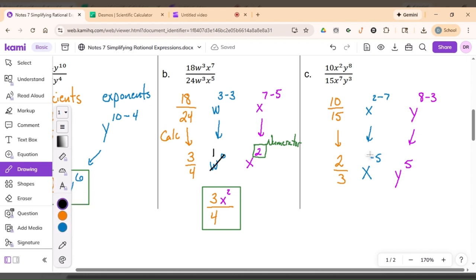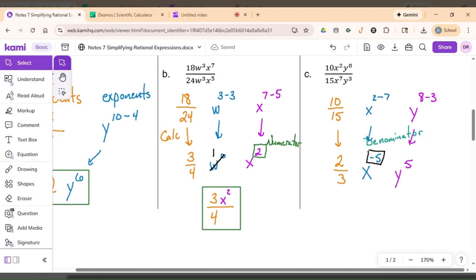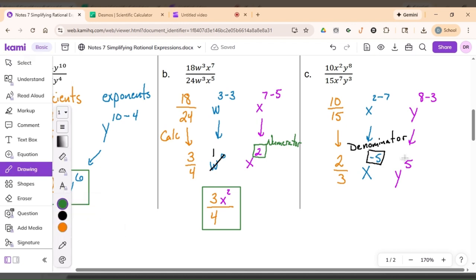So here's what we're going to do. Anytime we see a negative exponent, the technical definition is reciprocal, which means to flip into the other part of the fraction. So when we see a negative exponent in this context, that's going to put this variable in the denominator for us. So this x to the negative 5 is causing us to move x to the denominator of our fraction. And likewise with the y, it has a positive exponent, so it's going to do the opposite.